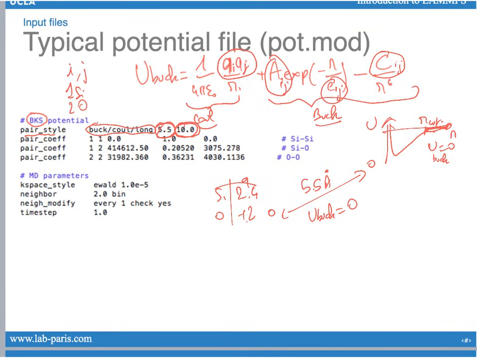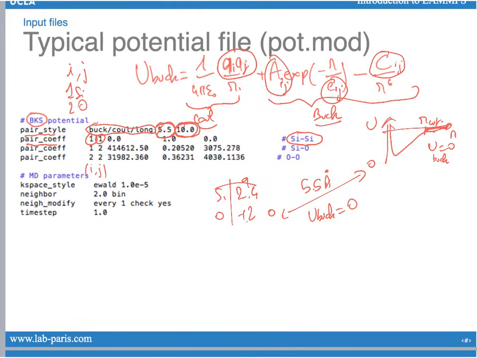And we need to specify this for each pair of atoms. So this is accomplished by the command pair coef, which is used to define the potential coefficients. Here, each line should start with two numbers. Those are the two types of atoms. So you need to specify the potential parameter for each pair of atoms. For example, the first line will give you the parameters for when silicon interacts with another silicon.